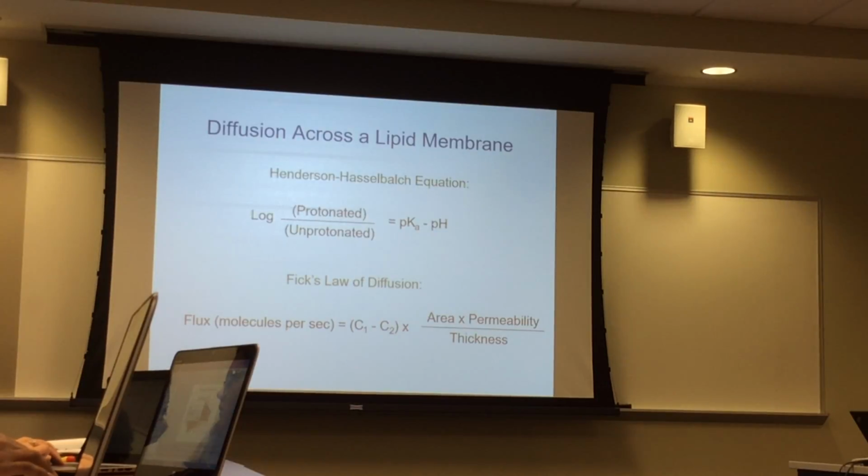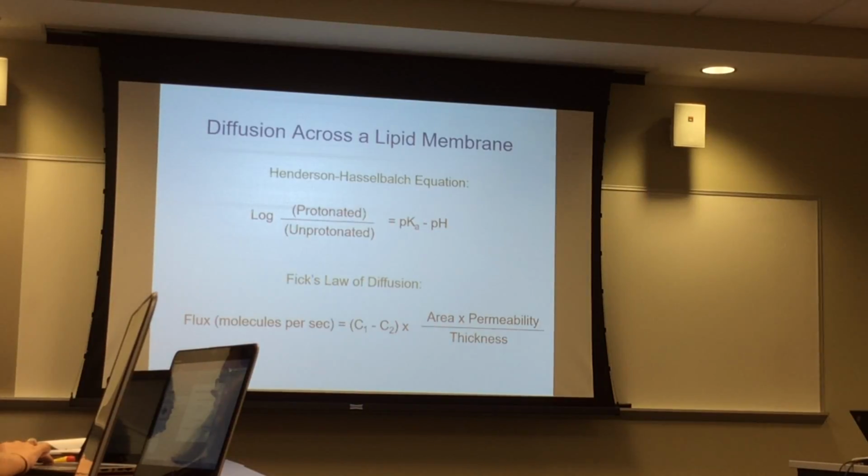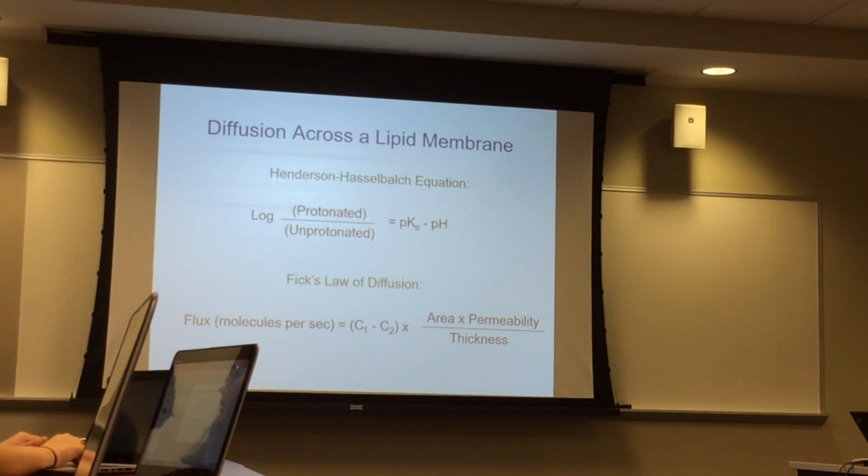So the equation, and this is a simplified version of the equation, you can see it written in multiple ways. It's log of protonated form divided by unprotonated form equals the pKa of the drug minus the pH of that medium or that solution. Will it be the GI or the blood or even specific compartments of the body.